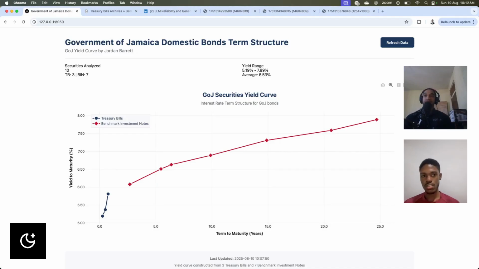For a lot of use cases that are relevant to my niche, which is largely data hoarding. Especially when the data is hard to get, which happens to be the case for a lot of Jamaican data sources.